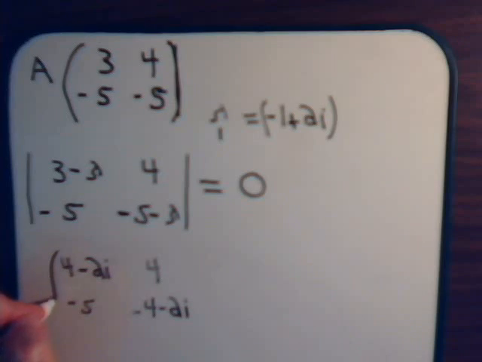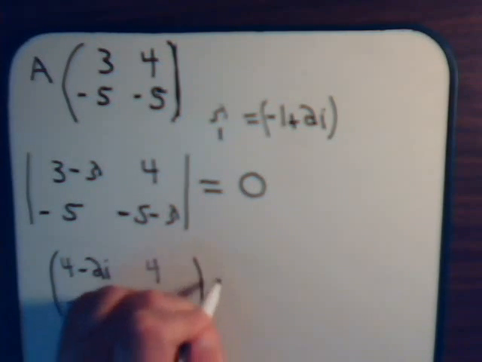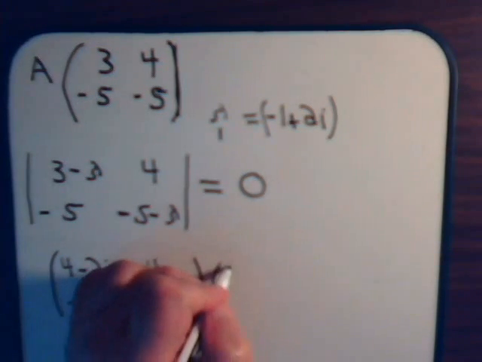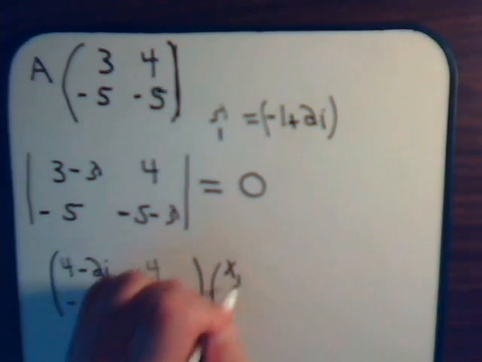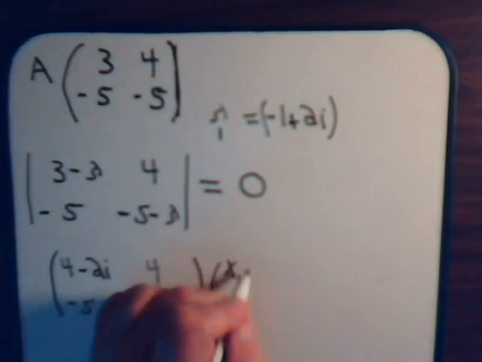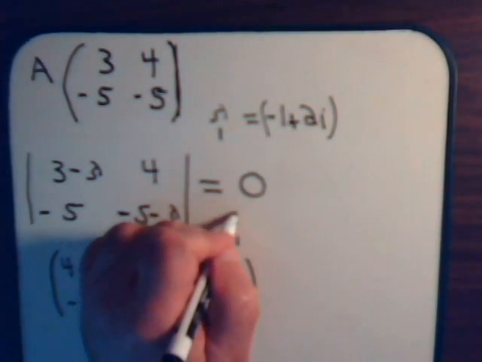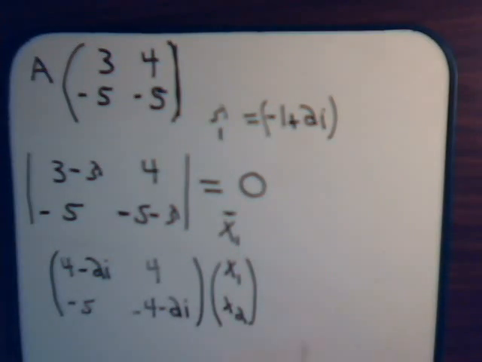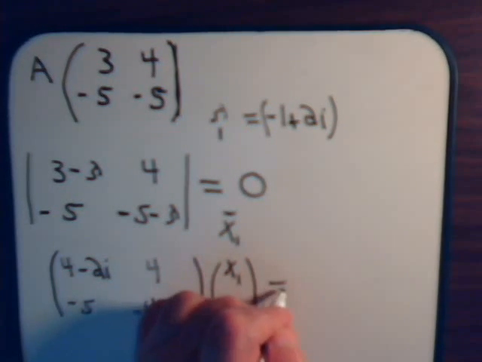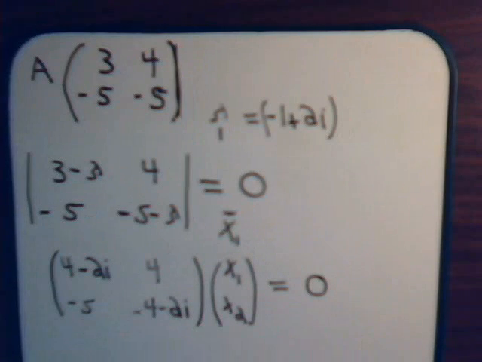Remember how this works now. This times the components, we'll have 2 of them. These are the components now of our eigenvector corresponding to that eigenvalue, and those have to be equal to 0. And the reason why it's like that is based upon what we did previously.